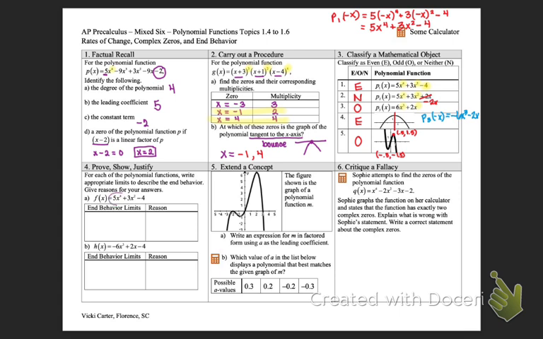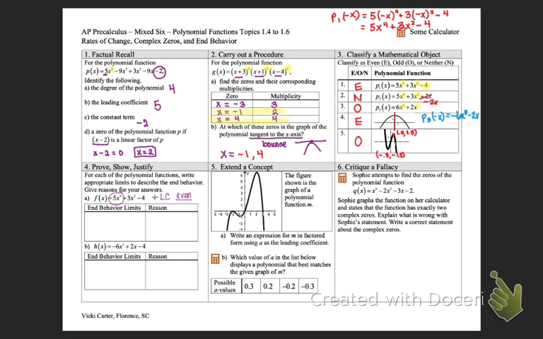The leading term is 5x to the fourth. So that means that I have a positive leading coefficient and I have an even degree, okay? Even degree and even symmetry is not the same thing, remember, so make sure you study the difference between those.